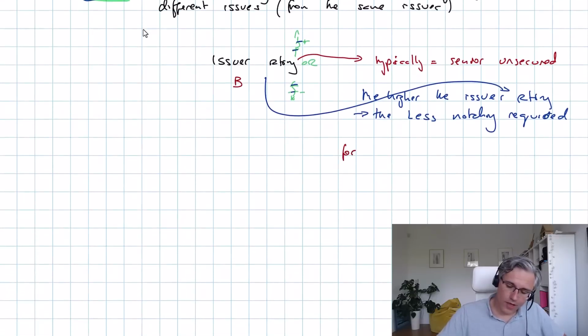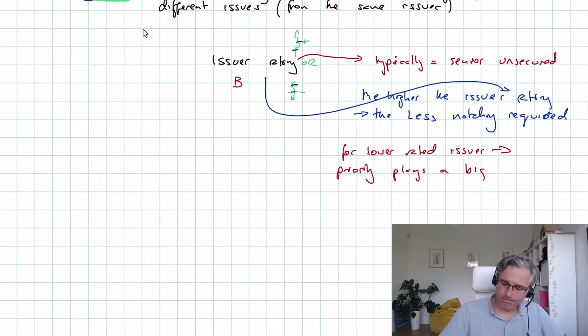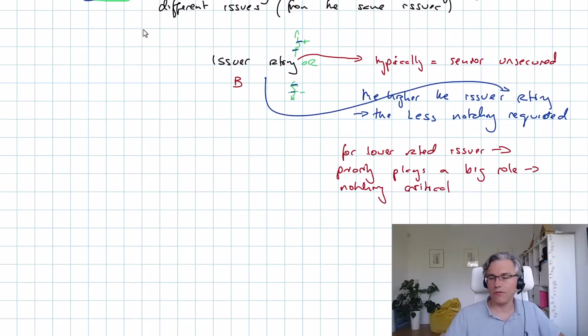So for lower rated issuers, priority plays a big role, and therefore notching will be absolutely critical and will bring a lot of potential differences to how we view the bonds, given their different loss given default or recovery rates.